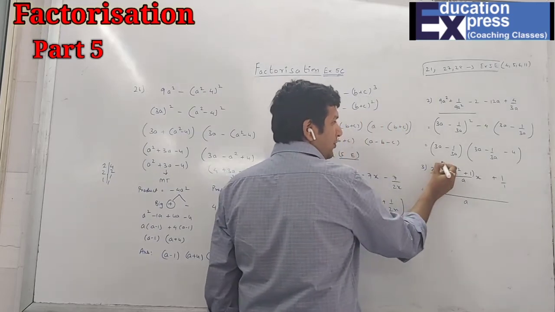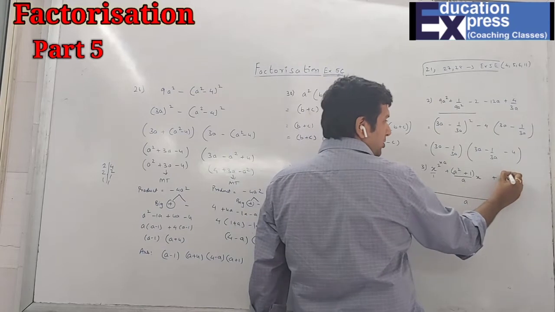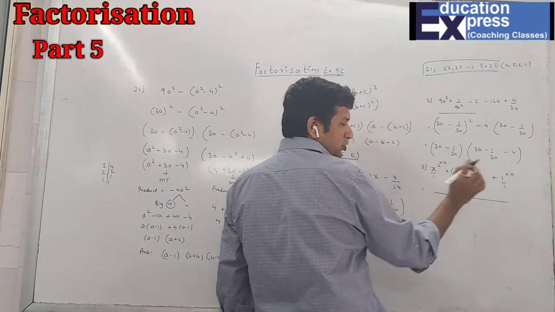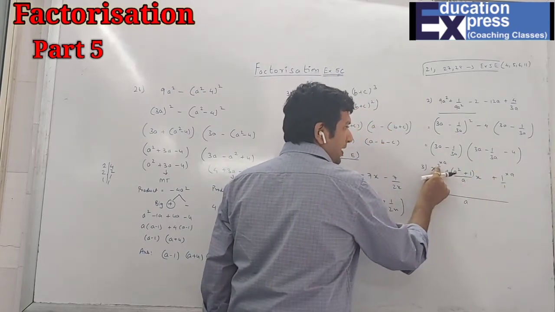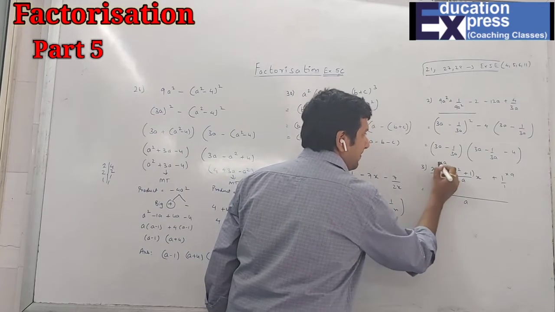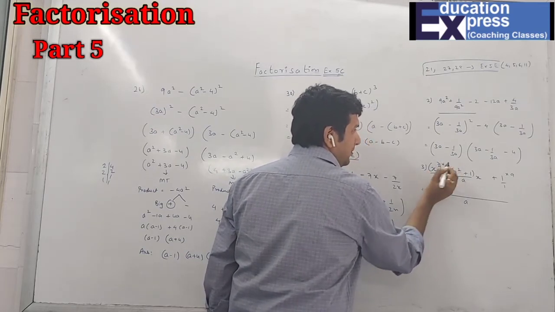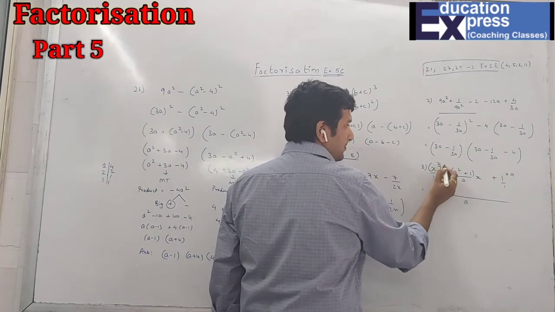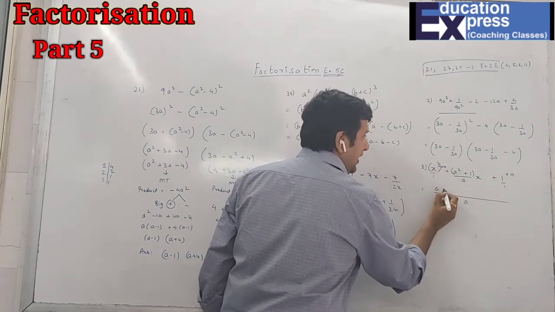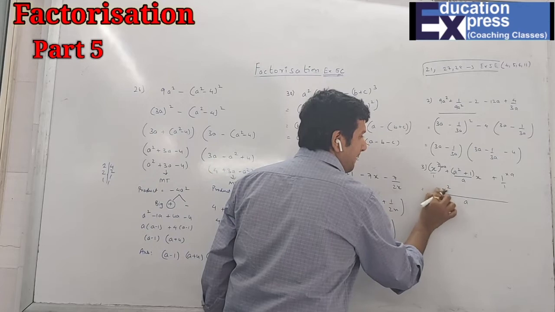Here a is not there, I have to multiply a. Here also a is not there, I have to multiply a. Here a is already there, so I don't have to multiply. So x square into a, multiply by a, so ax square.